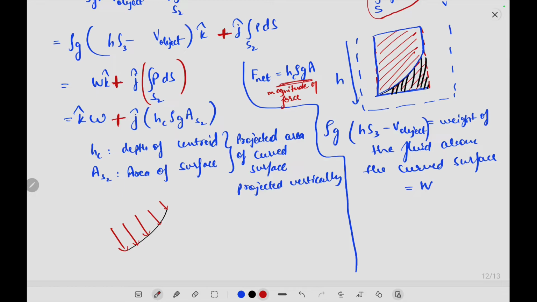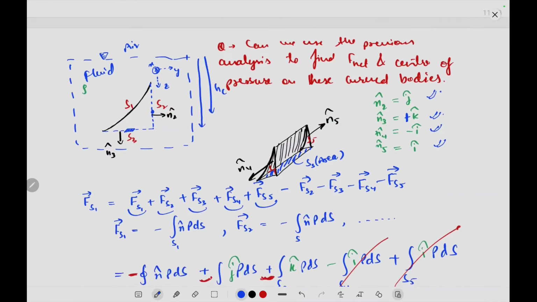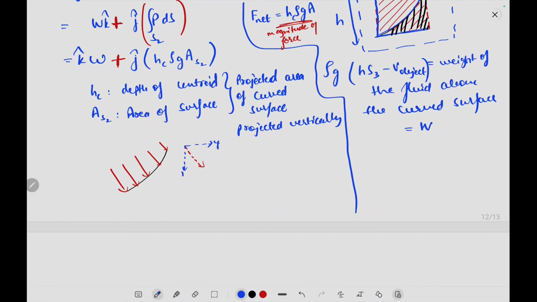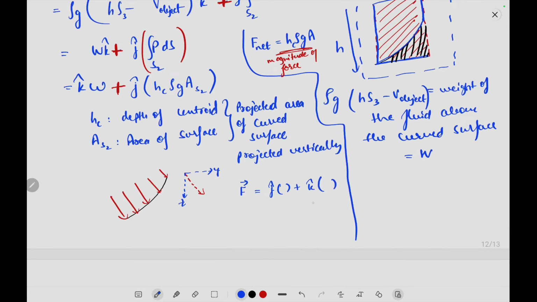So all the force vectors are being applied nearly like this. If you resolve these force vectors, this would look something like this, and my coordinate axis was y and z. So the force vector that I should get should be j hat with some magnitude plus k hat with some magnitude, and this is exactly what we get over here.